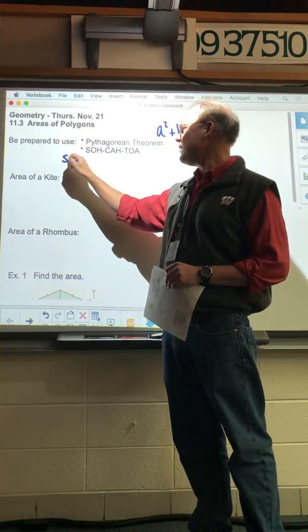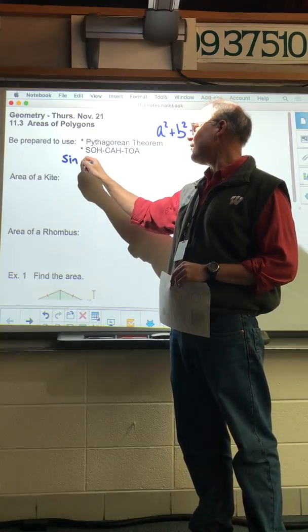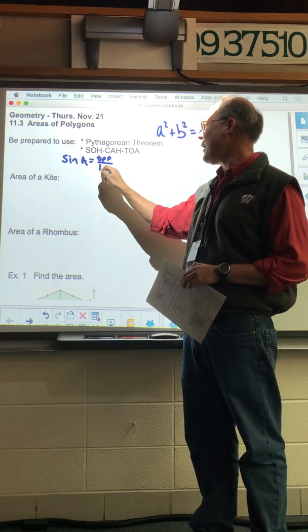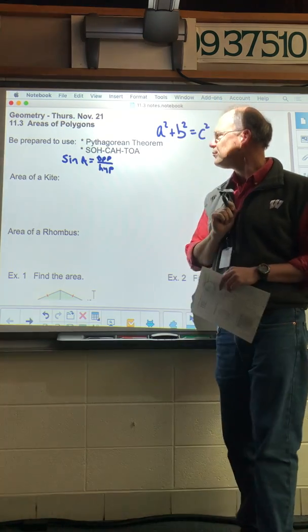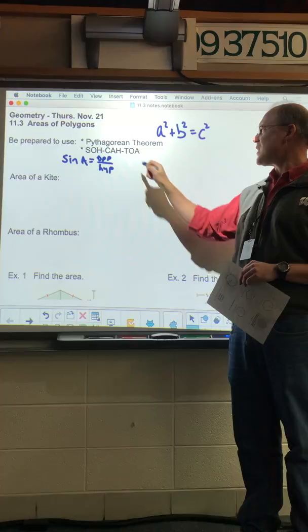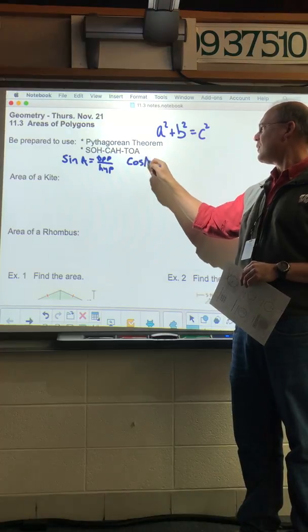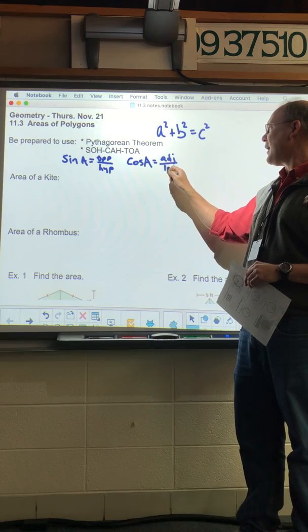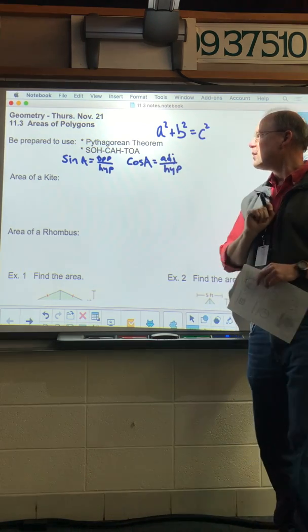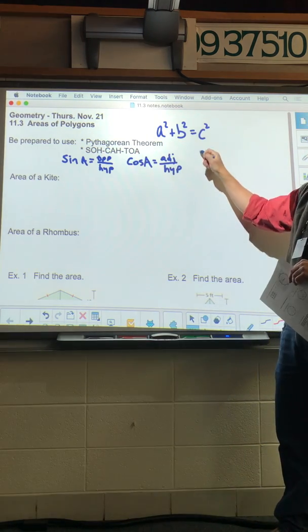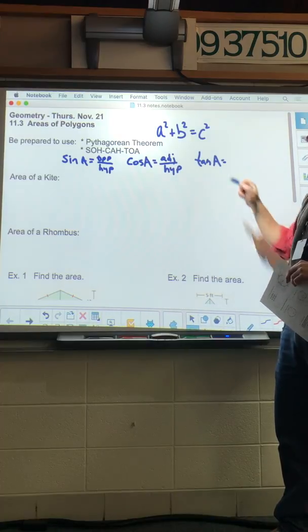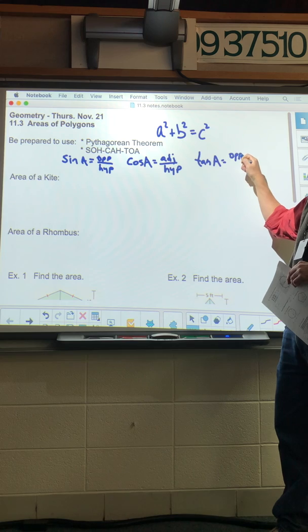S was sine, so the sine of an angle is opposite over hypotenuse. C was cosine, cosine is adjacent over hypotenuse. T was tangent, tangent is opposite over adjacent.